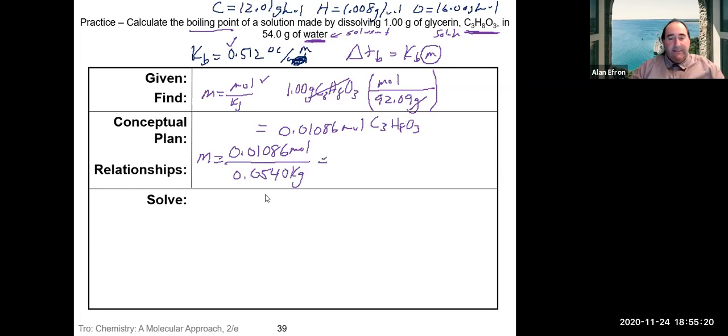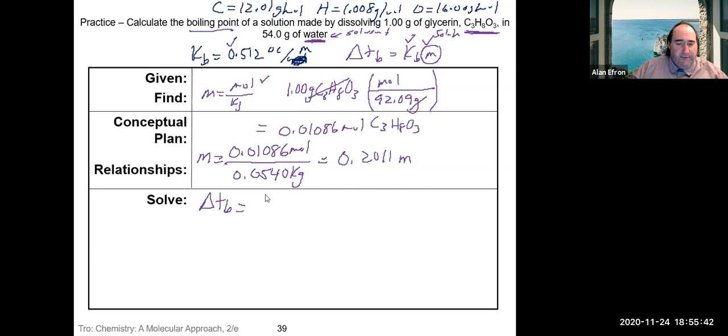And that's going to get us about 0.2011 as our molality.